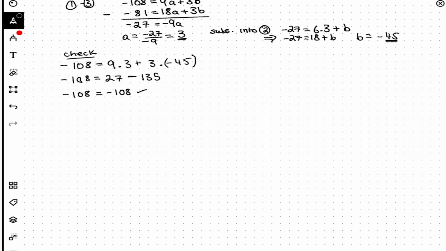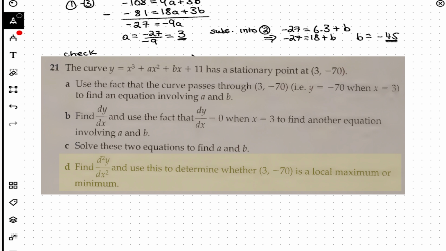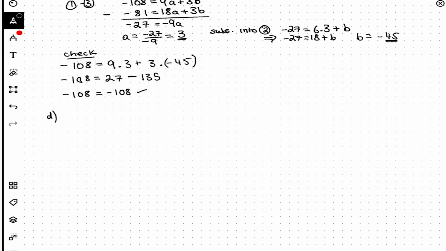And part D, the last bit, asks me to determine whether this stationary point at 3, minus 70 is a local maximum or a minimum. And I do that by finding the second derivative. Remember, dy by dx was 3x squared plus 2ax plus b, and so with my new values of a and b, I can work that out fully.